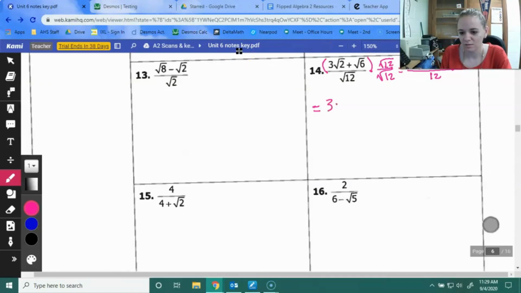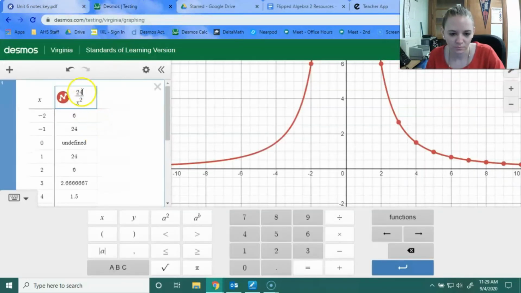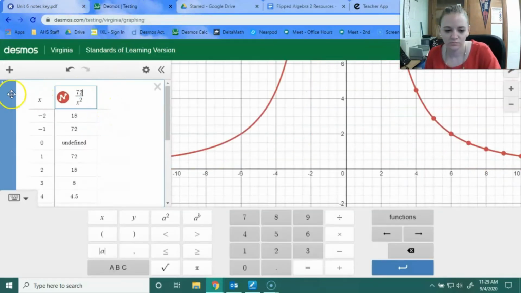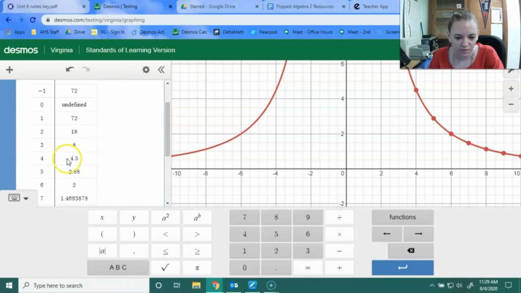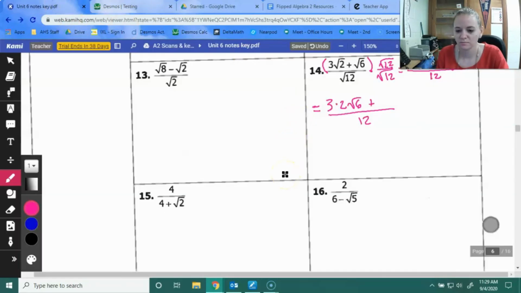So 3 times 2 radical 6 on top plus, let's see what happens with that 72. 3 and 8, but nope, not 3 and 8 because we've got this pair down here, 6 and 2. Alright. I think we're going to be able to reduce some stuff here.